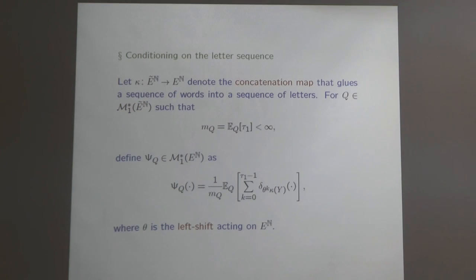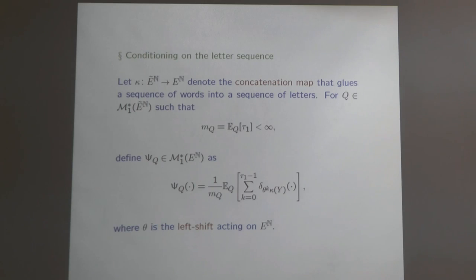It gets more interesting if I'm going to do the following. I'm going to ask myself, can I also understand the large deviations of this empirical process when I freeze the letters and I only allow my jumps to come into the game?